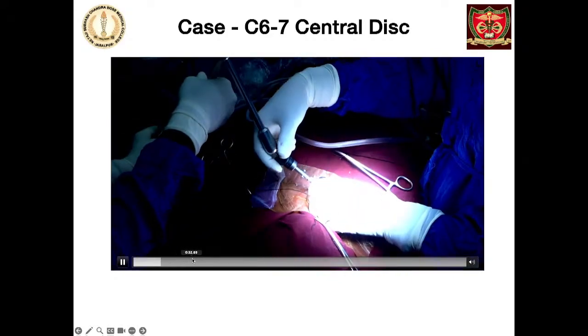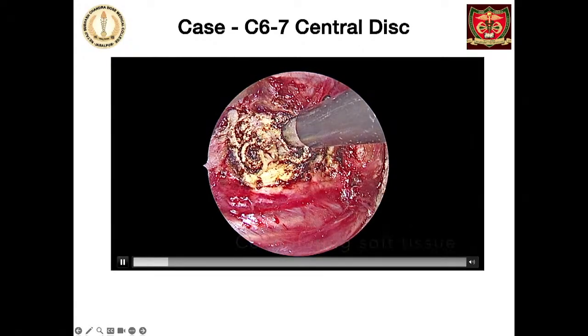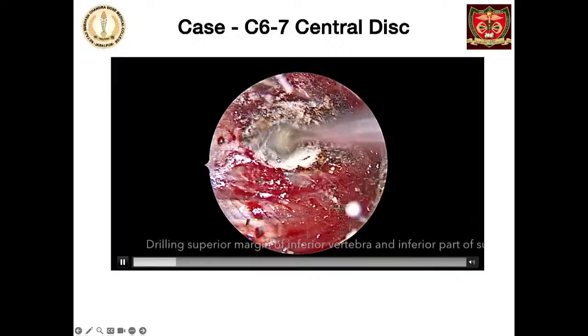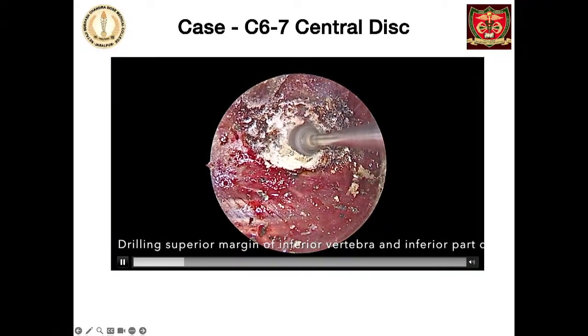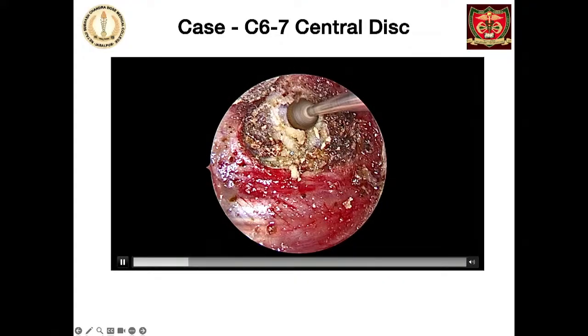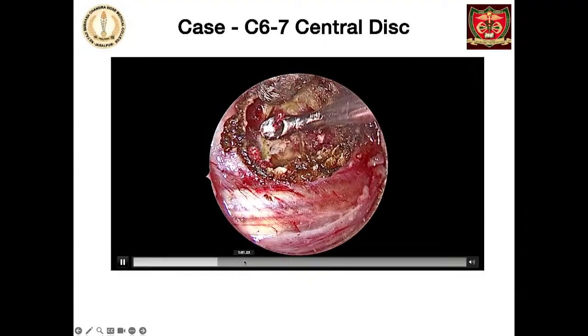This is one of the examples. C6, C7 disc. This is where we are docking. And now we are approaching the central part.